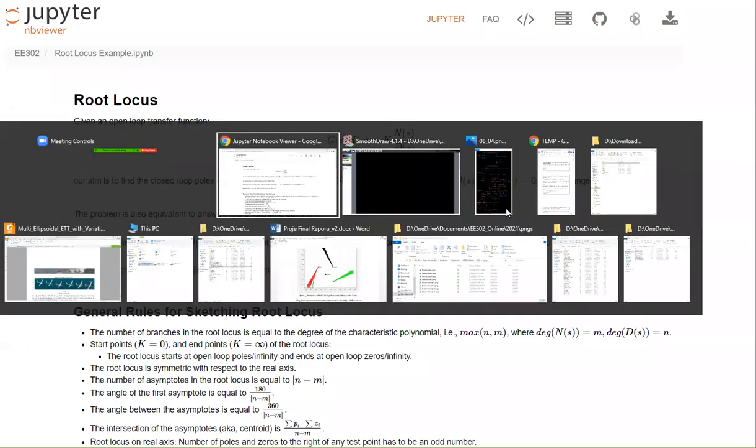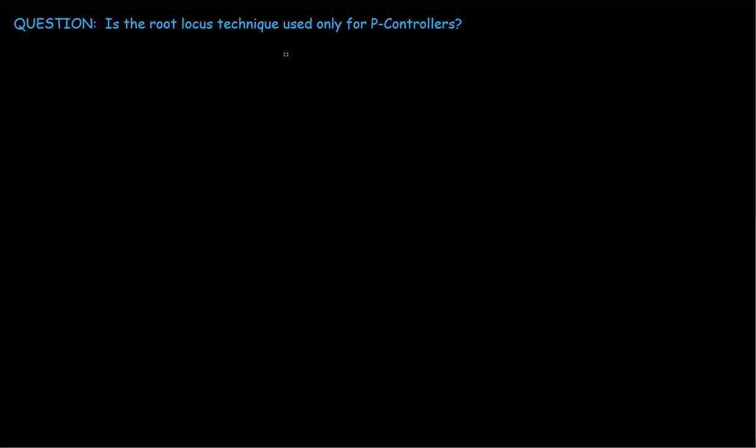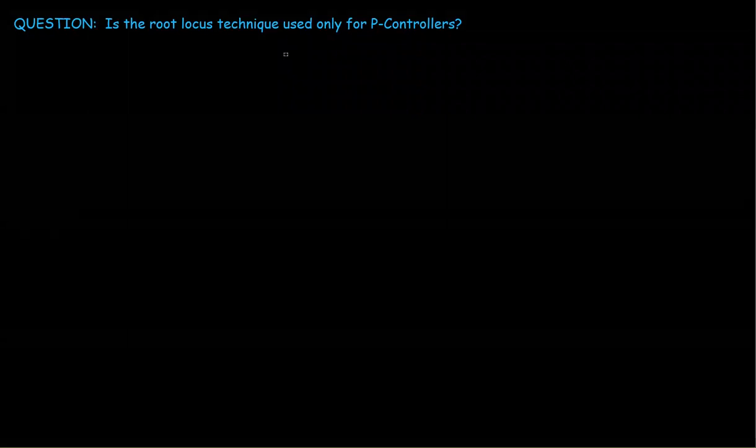That topic is related with one of your questions. A common question that I encounter in this course is: is the root locus technique used only for P controllers? Why? Because we assume that our open loop transfer function is in the form of k n of s divided by d of s, and that kind of assumes that there's only a P controller.